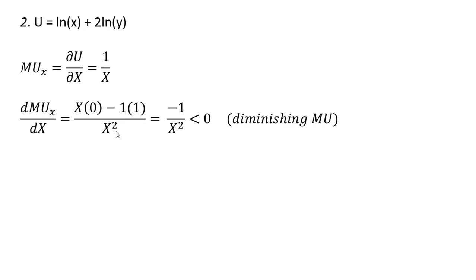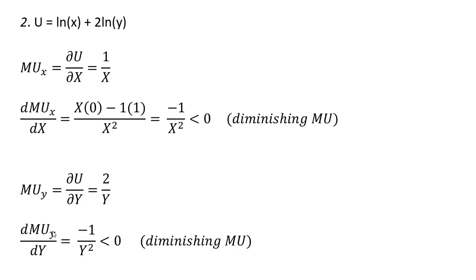Doing this, following the quotient rule, we get a negative sign here, so we have diminishing marginal utility of good x. Doing the same thing for good y, the marginal utility for good y is positive, consuming more of y is better. But if we take the derivative of the marginal utility of good y with respect to good y, once again we get a negative sign here, diminishing marginal utility for good y.